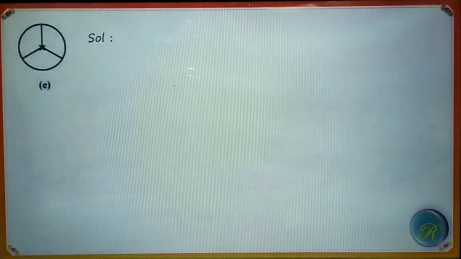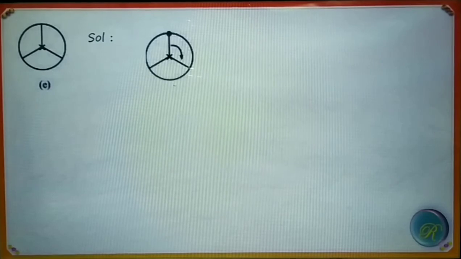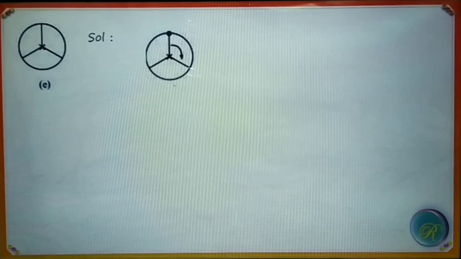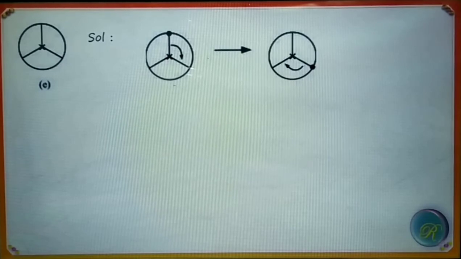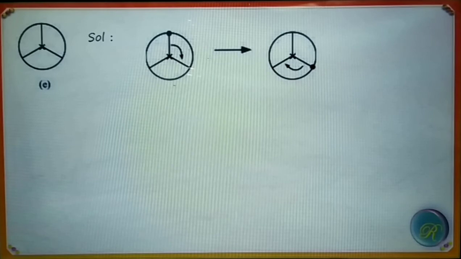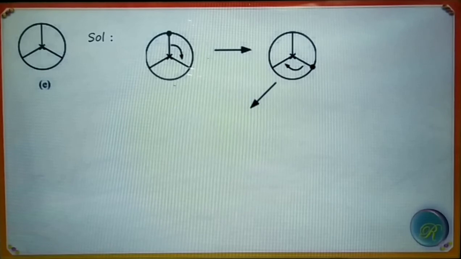Figure E. Solution. Consider the original figure. When you rotate the original figure about 120 degrees in a clockwise direction, then the position of the figure will be like this. Again, when you rotate this figure by 120 degrees in a clockwise direction, you will get this figure.